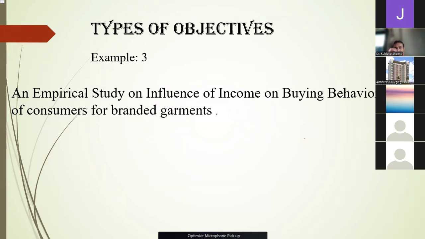And influence of income and buying behavior of consumers. Meenal ma'am, you are absolutely correct. I just want to know how you have identified that income and buying behavior is a variable. Because reading the line itself, influence of income comes as one variable and buying behavior. These are two different characteristics.